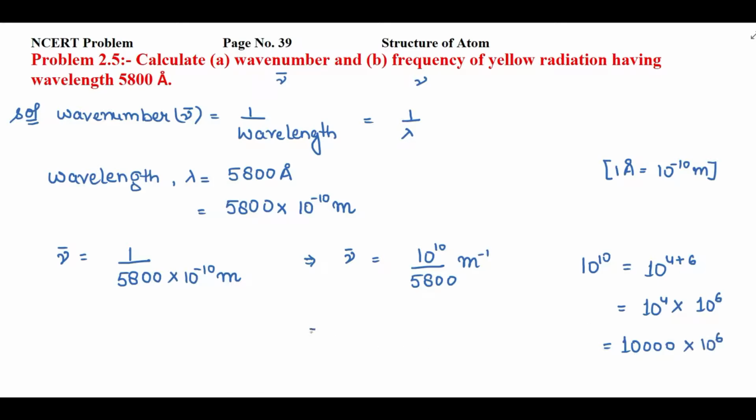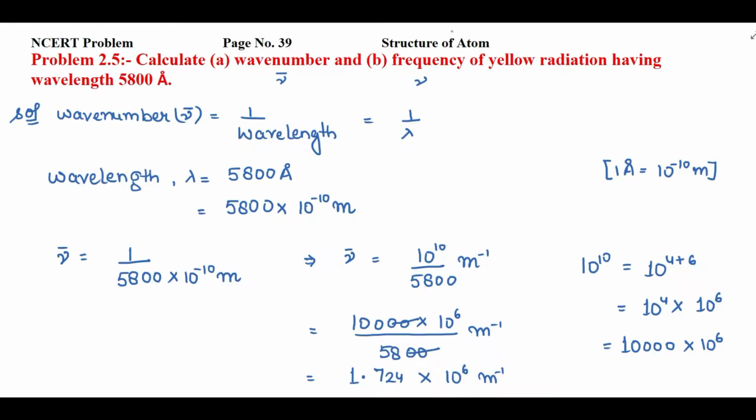Now let's put the values. 10 raised to power 10 means 10,000 into 10 raised to power 6 divided by 5800 meter inverse. Now cancel these two zeros with this. 100 divided by 58, the answer will be 1.724 into 10 raised to power 6 meter inverse, right?